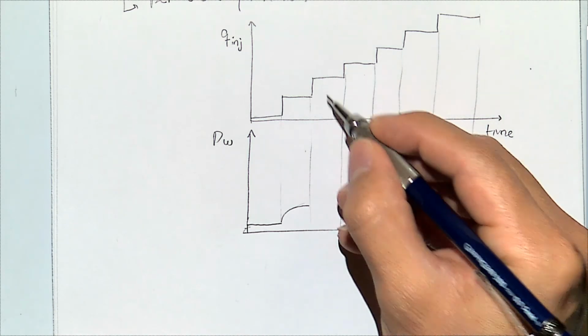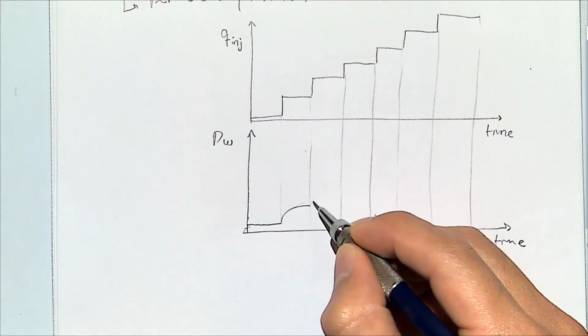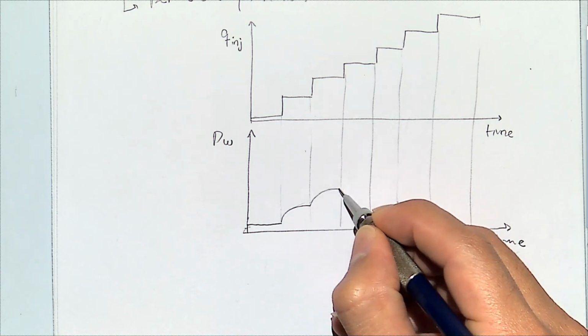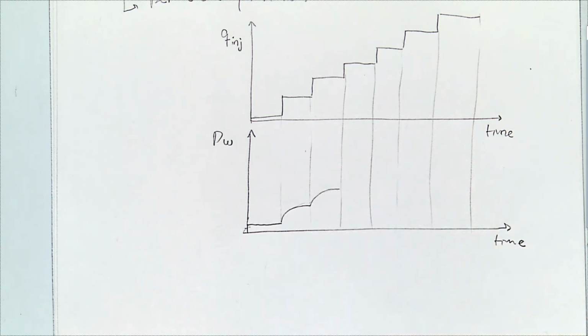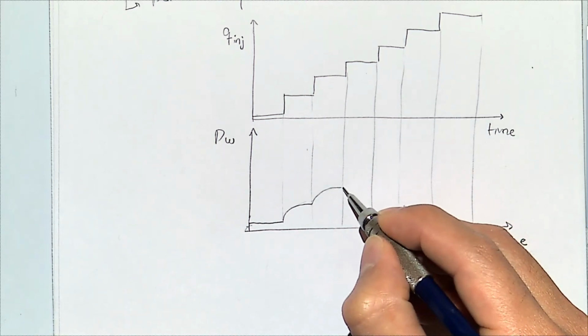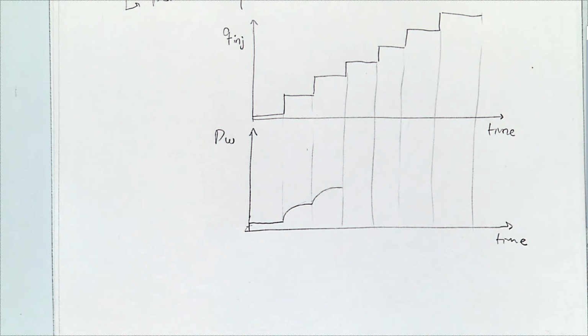Each time you increase the rate, this pressure is going to increase more or less the same magnitude. If you remember the equation of the wellbore, the rate is proportional to the gradient of pressure, or to the difference between the far field and the wellbore pressure.